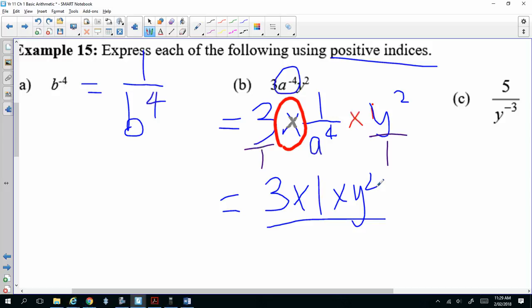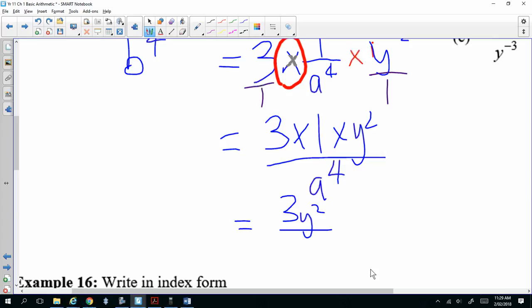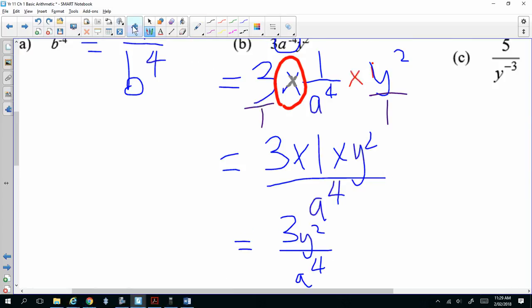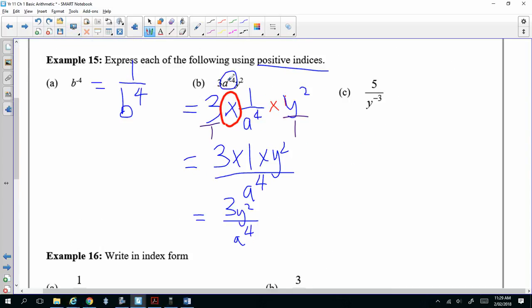So your answer will just be 3y squared over a to the power of 4. You will see that the a to the power negative 4 just goes down. The other things that don't have negative indices stay on the top of the fraction. Okay? Alright, good. Let's look at the next one.